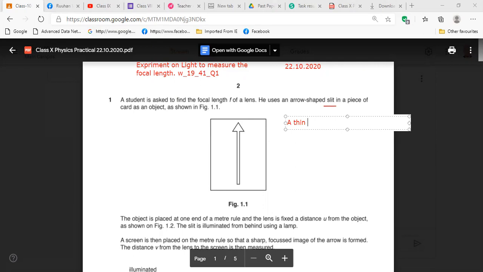A thin space used to pass through light is called slit. Okay.